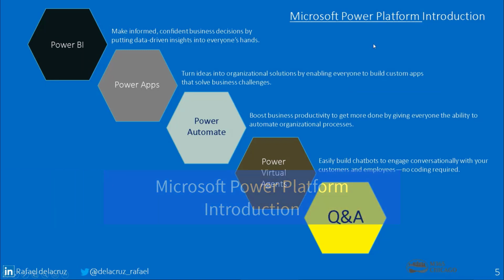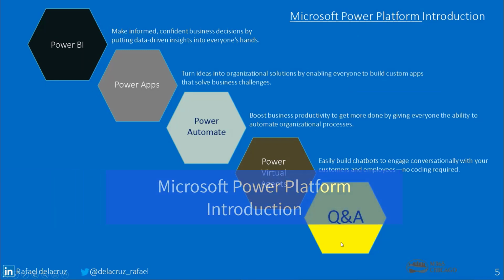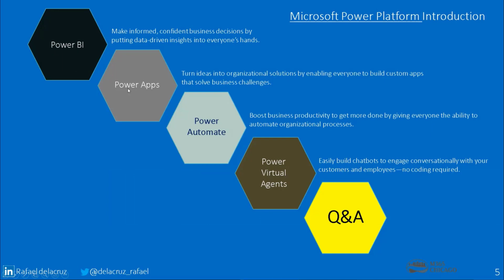So the Power Platform is basically a combination of these applications: Power BI, Power Apps, Power Automate, and Power Virtual Agents. With Power BI, I always say that most of us are visual people, meaning that we better understand the status of a project if it is displayed in a chart rather than just showing that information in a PowerPoint presentation or in an Excel file.